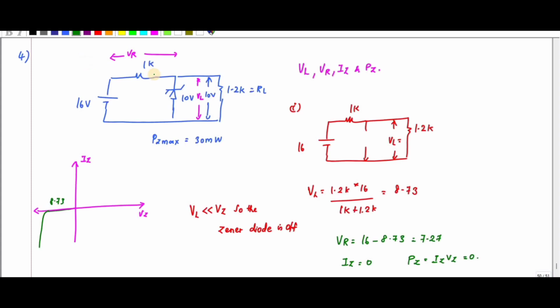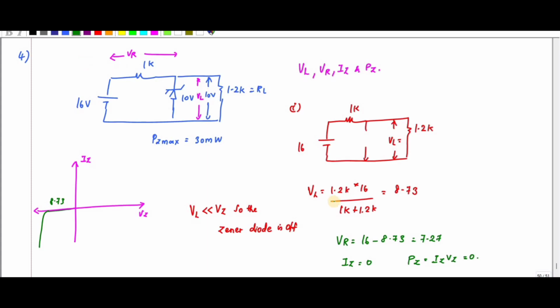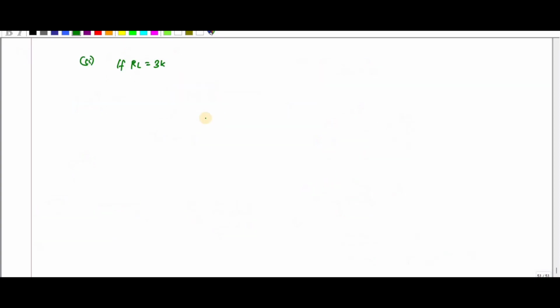Okay. So the next condition is I'm going to replace this RL, RL is replaced by 3K, okay. So if RL is replaced by 3K, again if I do the same calculation, this is 3K now, okay. So what is VL?